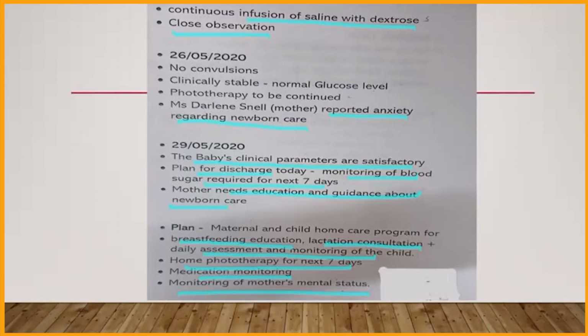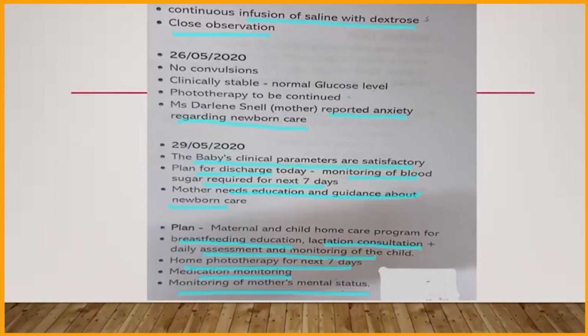Okay. Now, next, can we talk about the mother? What does a mother require? Please educate her regarding breastfeeding and arrange lactation consultation. Kindly monitor the mother's mental status and arrange child home care programs like breastfeeding education and lactation consultation. I don't want you to write like that. It is less formal.